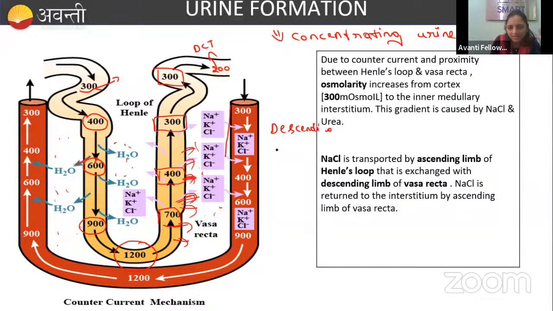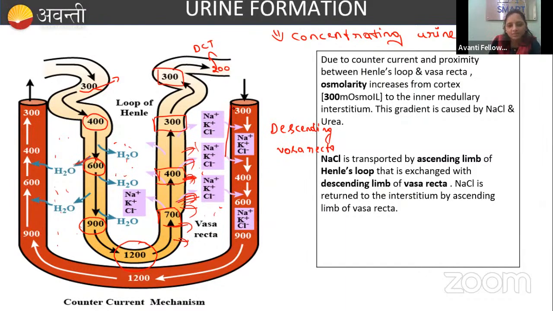So when the ascending loop of Henle releases the sodium and chloride into the interstitial fluid, the interstitial fluid is near the descending vasa recta, right? Now the sodium chloride and the potassium will be taken up by the vasa recta.